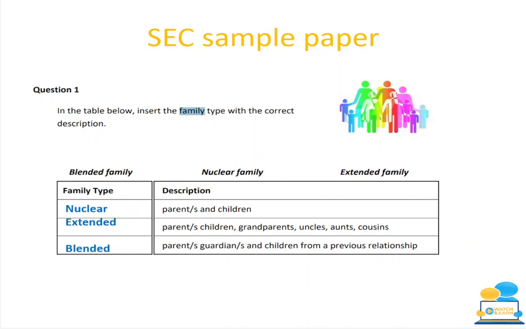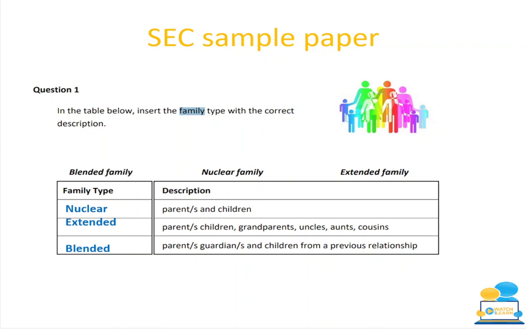What I would then do is cross it out and write down nuclear family. Now, I only wrote nuclear, but in the exam you write the full thing. I just didn't have space here. My second one is parents, children, grandparents, uncles, aunts and cousins. So this is an extended family. You write extended and I tick it off on the top so I know I've completed that bit. My third one is parents, guardians and children from a previous relationship.